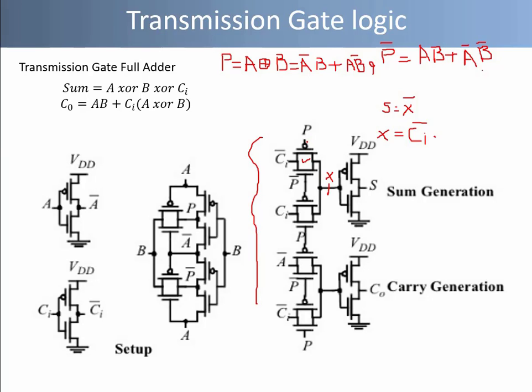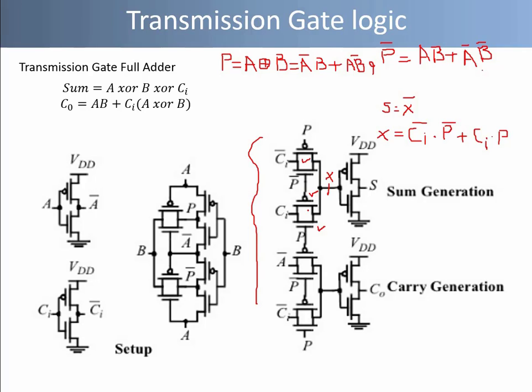So we can write X is equal to Ci complement and P complement, or Ci and P. When P is equal to 1, this NMOS transistor is turned on, this PMOS transistor is connected to P complement, so P complement is 0, so this also turns on.